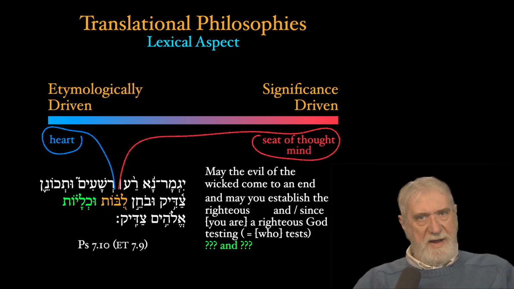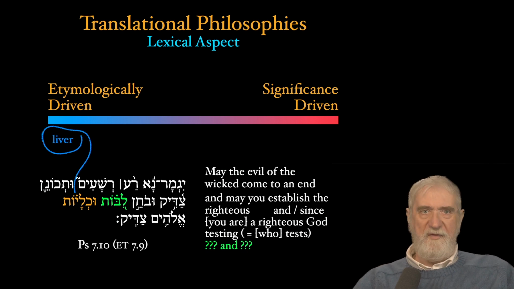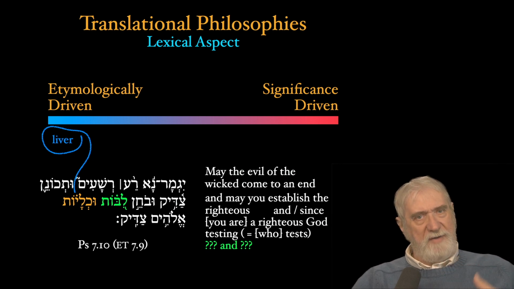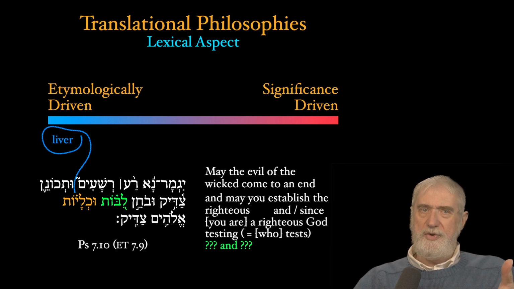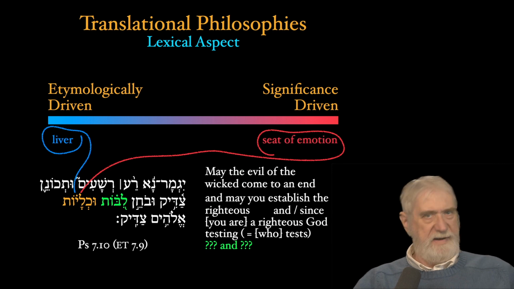And then in the next word, we have the same kind of problem. The next word, kalia in Hebrew, is the normal word for that part of the body that we associate with the liver in English. But again, in the ancient world, the significance of the liver in terms of the conceptual world was that it was understood to be the place where emotions were located.